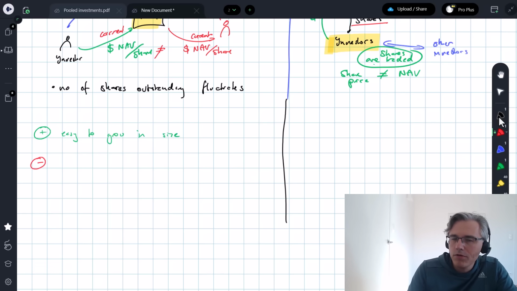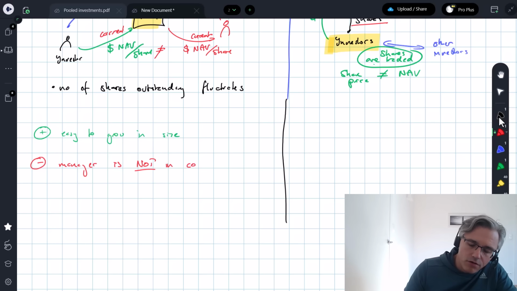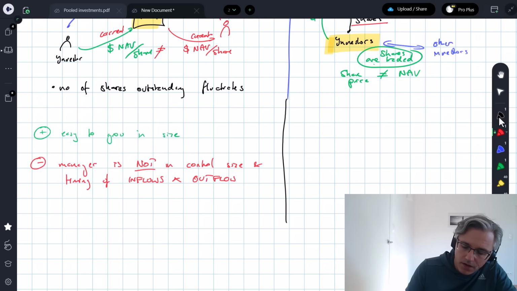However, the problem with this construction is that the manager is not really in control of everything. They don't control the size and timing of inflows and outflows into and out of the fund.